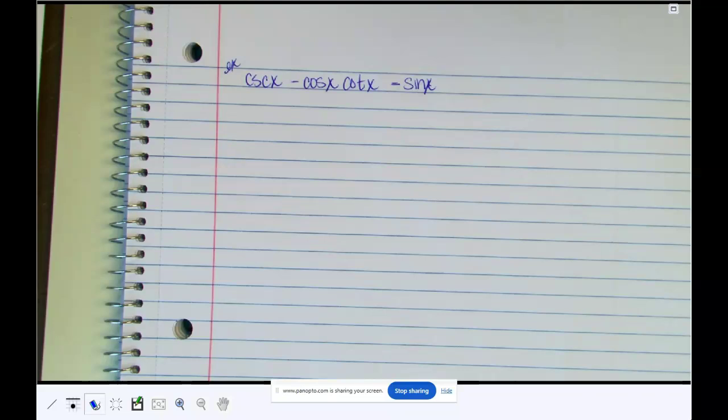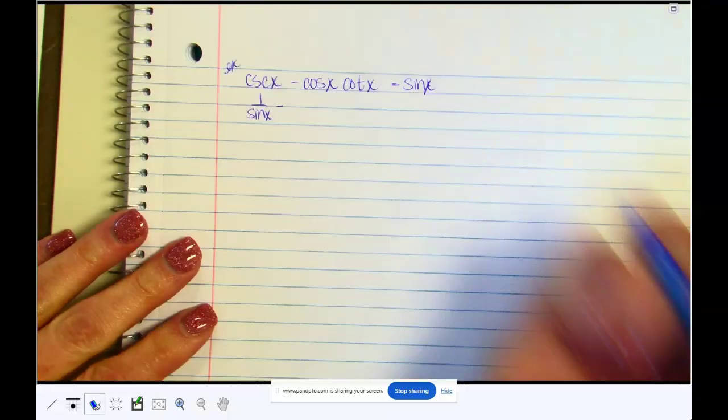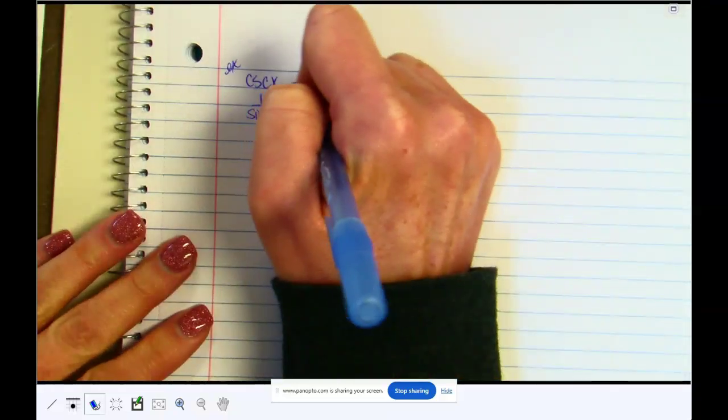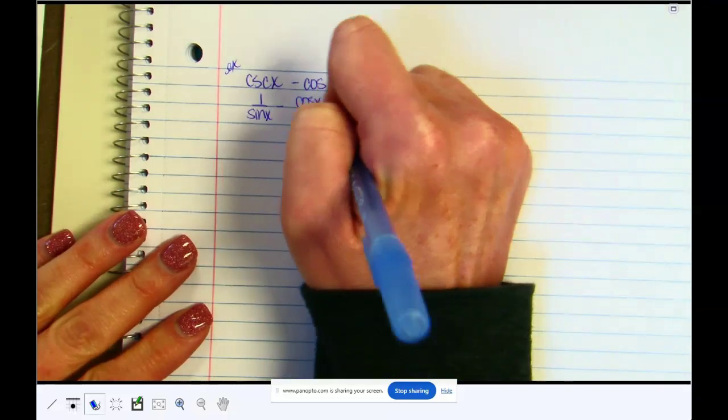Is there a cosecant in the second term? Then you can't factor. So your only choice is to turn everything into sines and cosines. There's a 1 over sine, just cosine over 1. Cotangent is cosine over sine.